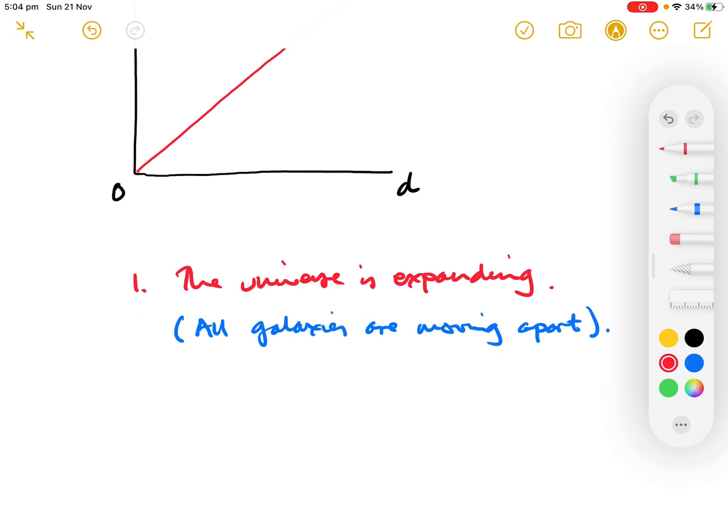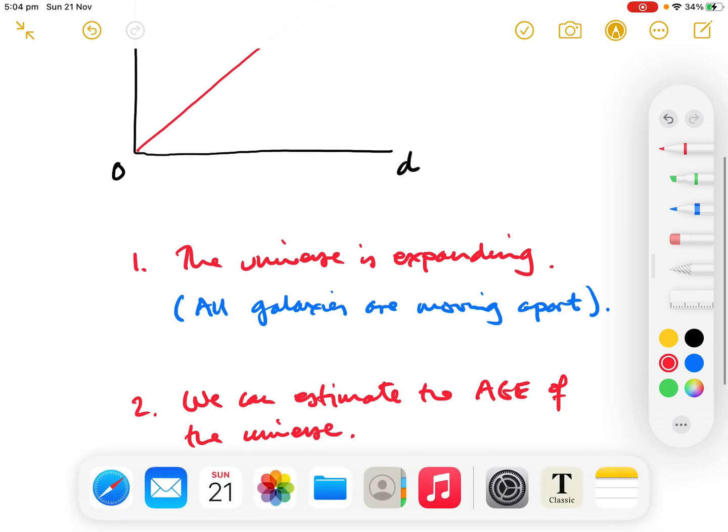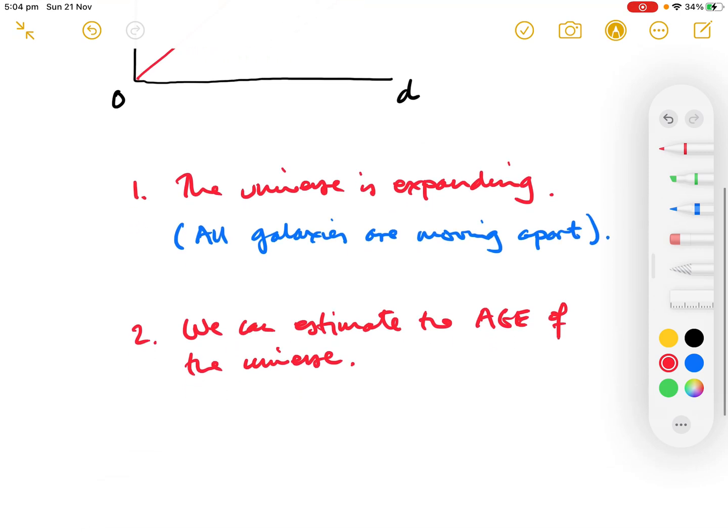And the second big consequence of Hubble's law is that we can, as a result of it, estimate the age of the universe. And that had never been done with any accuracy before.